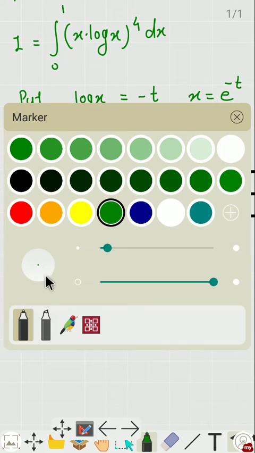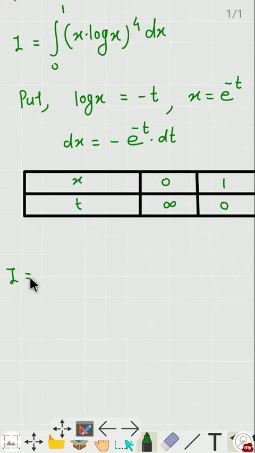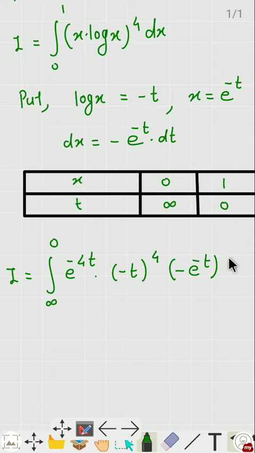The integration I becomes like this: integration from infinity to 0 of e raised to the power minus 4t into minus t raised to 4 into minus e raised to the power minus t dt.